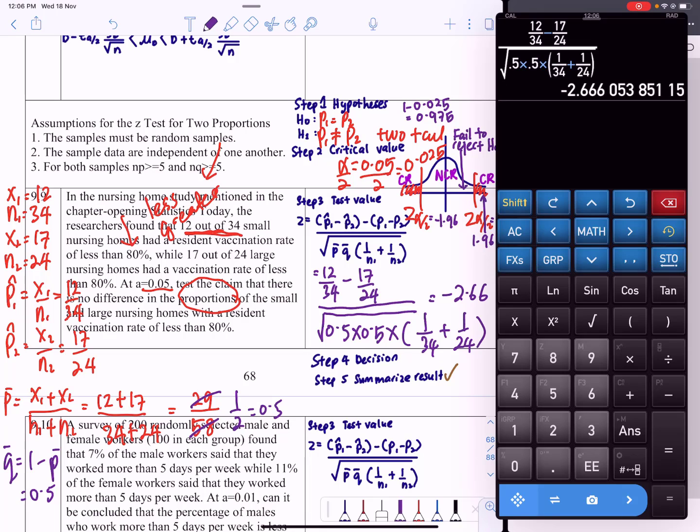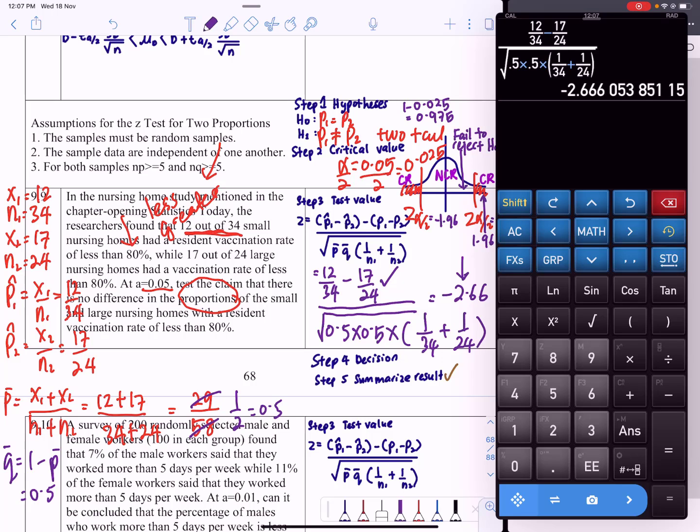2.66. Of course the answer will be different from the textbook, because the textbook calculates one by one. First they minus this one, and then they round it off. When they round it off, they lose certain decimal values, so it becomes larger compared to the one I use, because I include as many decimal values as possible.